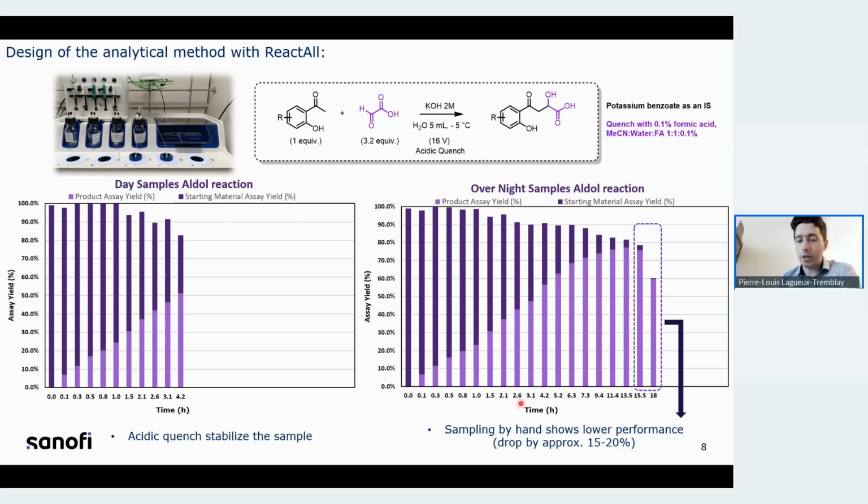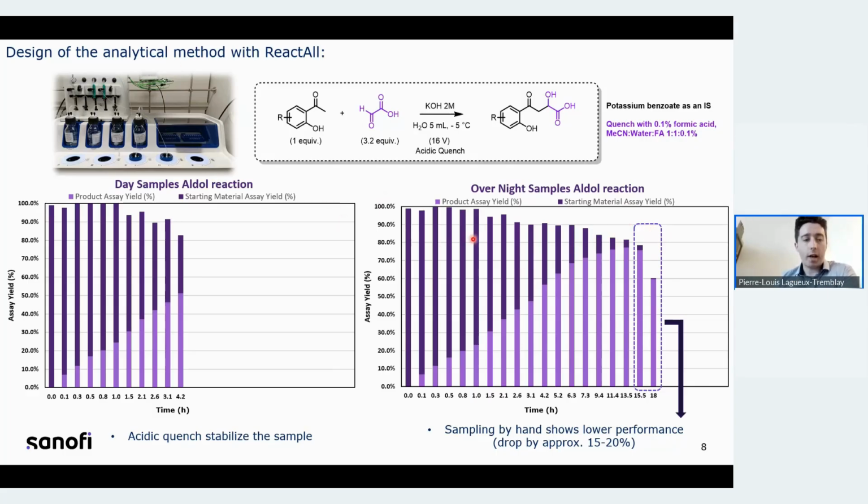We have a loss of approximately 15 to 20%, because by the time that you take the sample and make up the HPLC vials, it has warmed up and already decomposed in the process. On the other hand, the ReactALL allows us to take the sample at low temperature and then quench it immediately, so then you don't lose the information because it's not in the presence of the base anymore.